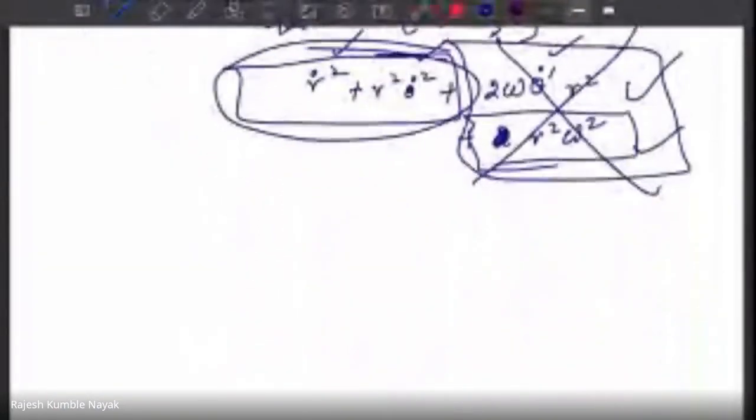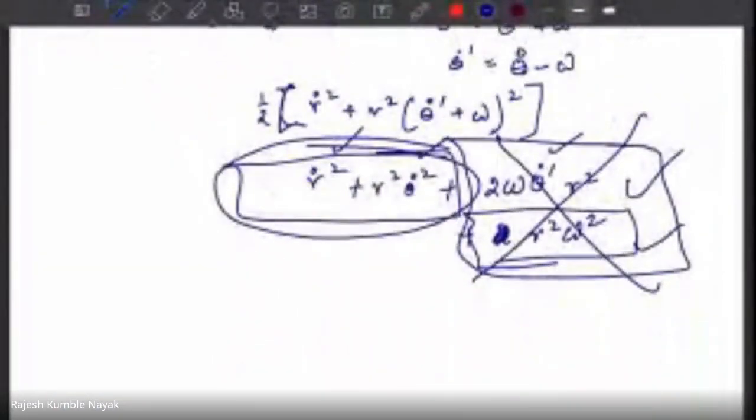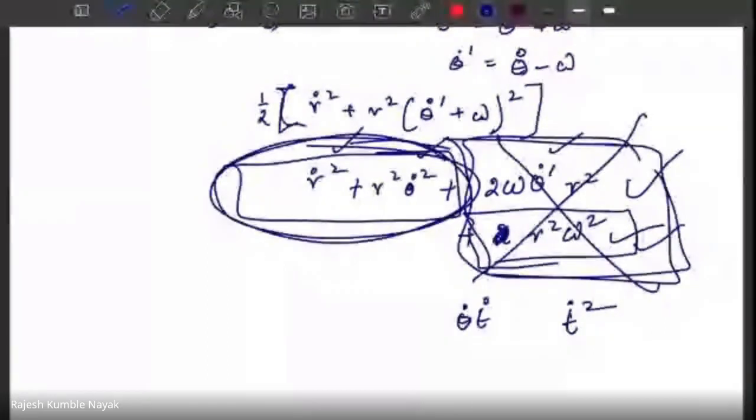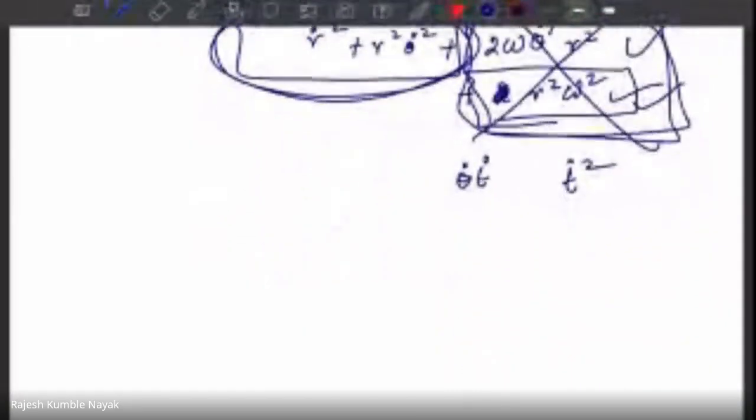The term like this would come as a time coefficient because when you have a time coordinate, this will be absorbed. This would be again quadratic, this would come as a theta dot t dot term, and the last term would come as a t dot square term. Since we are not taking the time, we are ignoring these. It is only a problem in Newtonian mechanics.